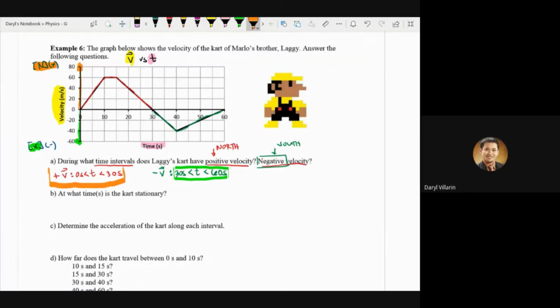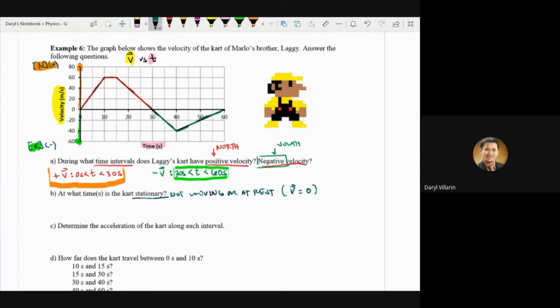And then letter B, at what time or times is the cart stationary? So stationary means not moving, or at rest. One way of looking at that in our velocity time graph is that the velocity is equal to 0. Okay. So at what particular times?